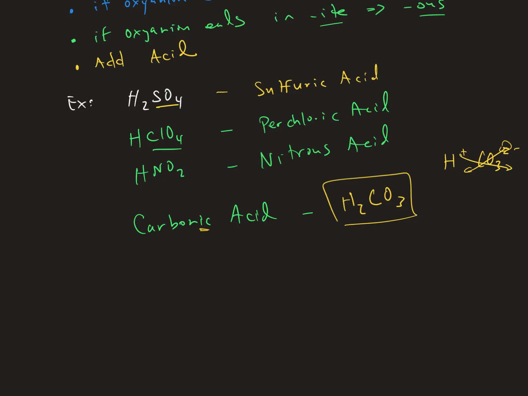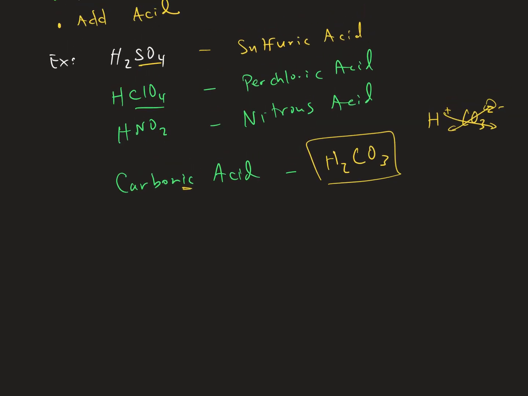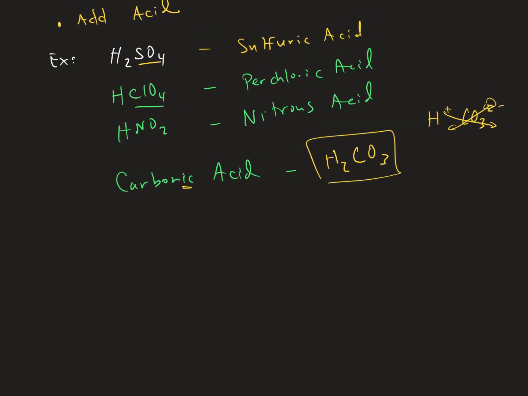Any questions? Yeah, Katrina. So when you cross the charges for HCO3, you take the 1 and you move it down, are you multiplying? The 3? So, just like an ionic compound, that just tells us how many carbonates there are.